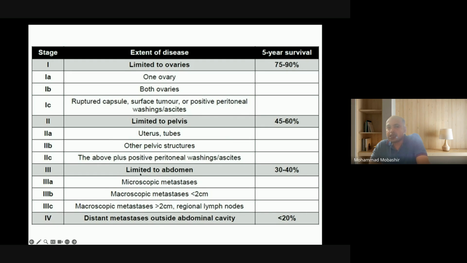Here, 3 is limited to abdomen, 3A, microscopic metastasis, and macroscopic metastasis that is less than 2 centimeter could be observed in 3B, and in 3C, macroscopic metastasis greater than 2 centimeter and regional lymph nodes are present. Now, stage 4, distant metastasis outside abdominal cavity. And here you could see the lowest 5 year survival rate.